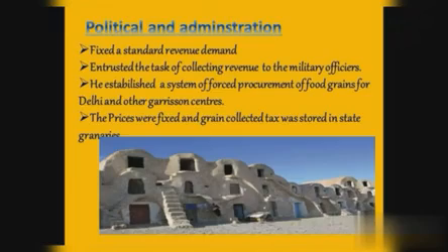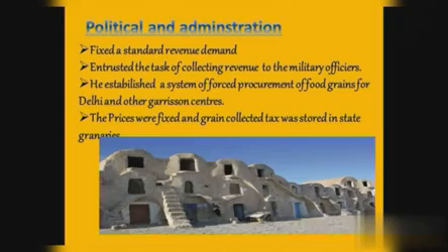This deprived the local chiefs and rajas of their time-immemorial privileges. Alauddin established a system of forced procurement of food grains for Delhi and other centers. The procurement prices were fixed and grain collected as tax was stored in state granaries.